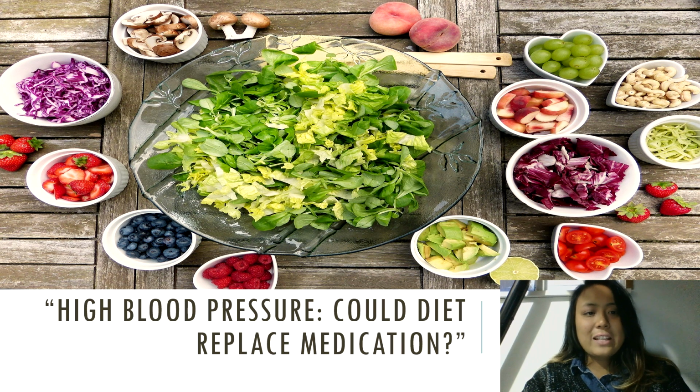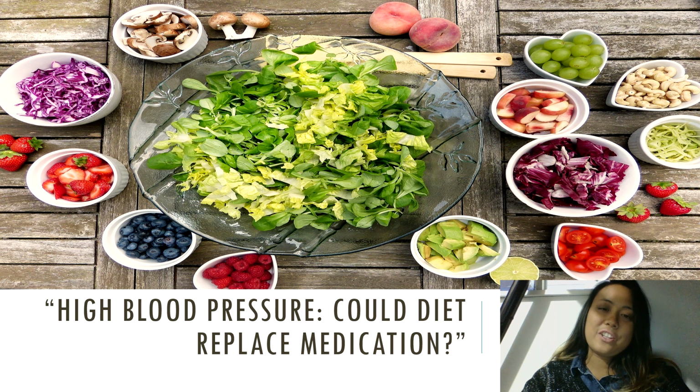So the article I chose that I found interesting was about an experiment testing out diet treatments for hypertensive patients. Researchers noted that a certain diet can decrease blood pressures in hypertensive patients without the use of medicine.